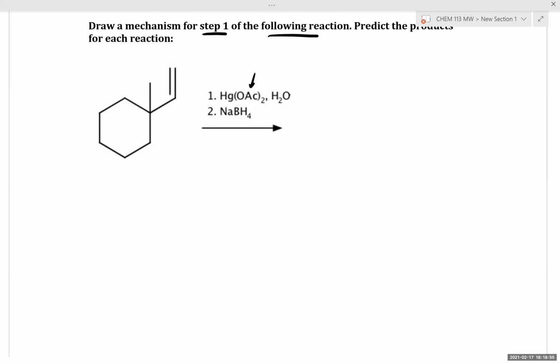Would anyone like to try drawing out a mechanism using the annotate tool? Under meeting options, you can find an option to draw an annotation. And I'd like to see some students try to annotate this mechanism, so that way we can discuss it and I can get a sense of how the class is proceeding in drawing these mechanisms.